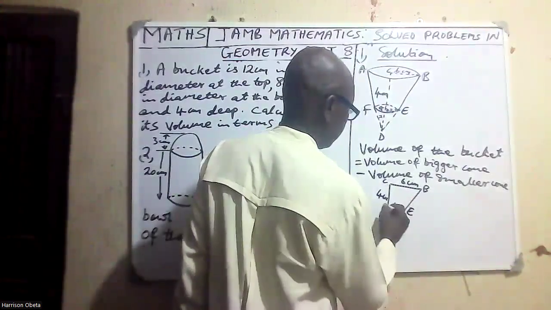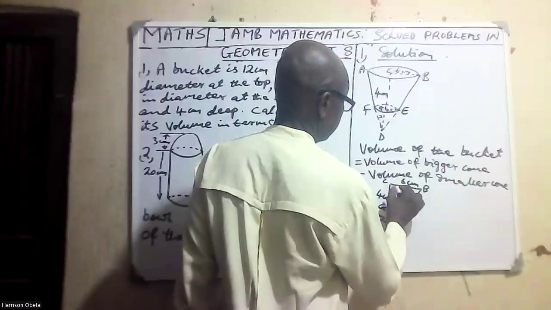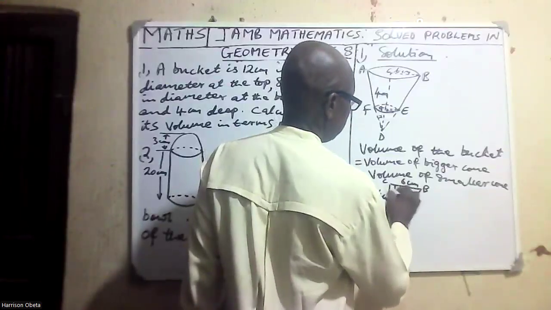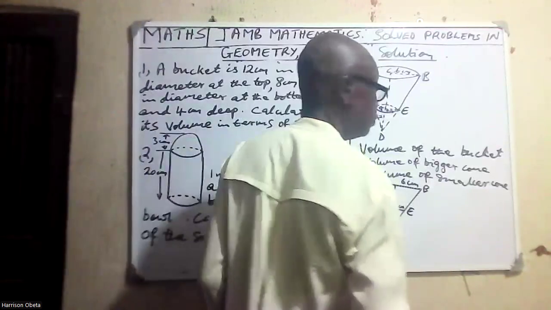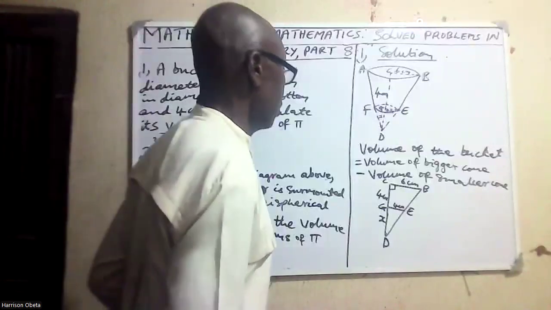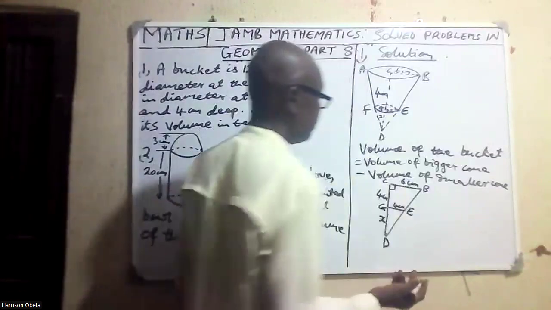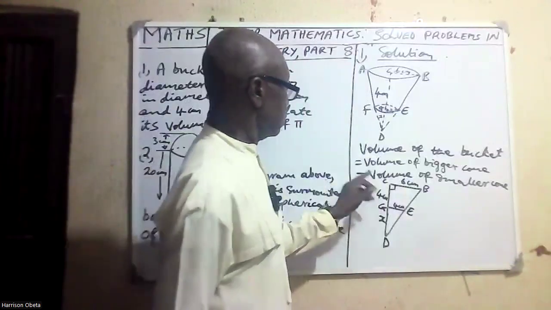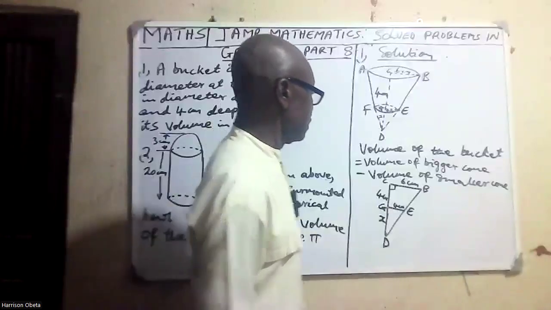Then E, G. This is a right angle here. So using the idea of similar triangles, we can calculate the value of X. That means the bigger side over bigger side equals smaller side over smaller side.